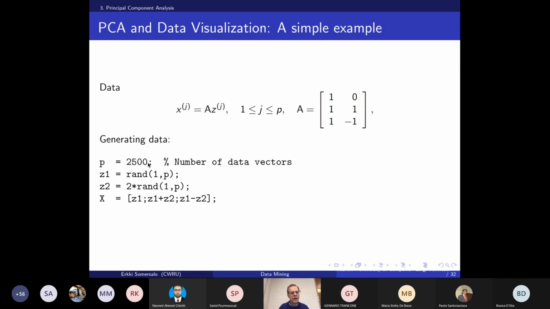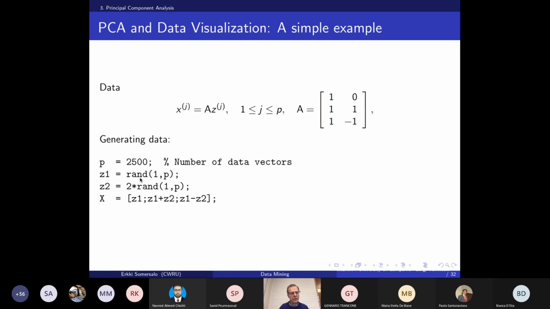How am I doing this? I am generating random numbers z1. These are the first components of this vector z, by drawing random numbers from a uniform distribution between 0 and 1. So this rand 1p is generating a vector of size 1p with random numbers between 0 and 1.